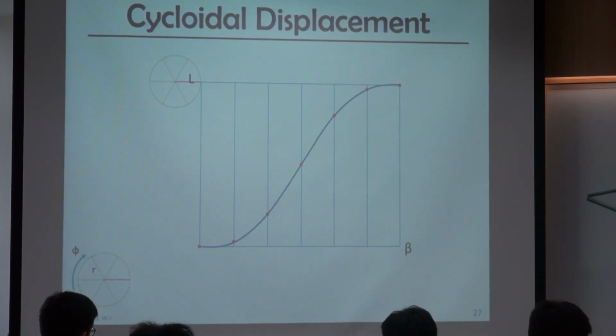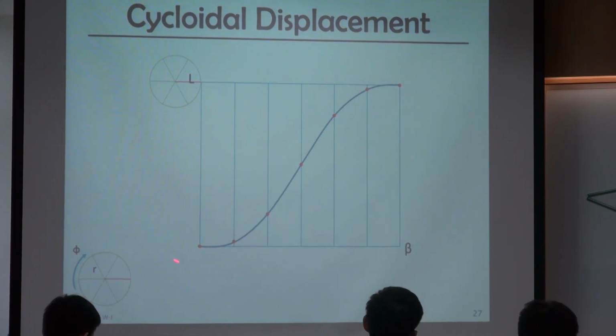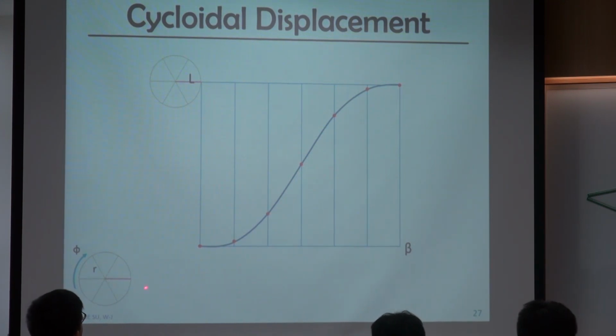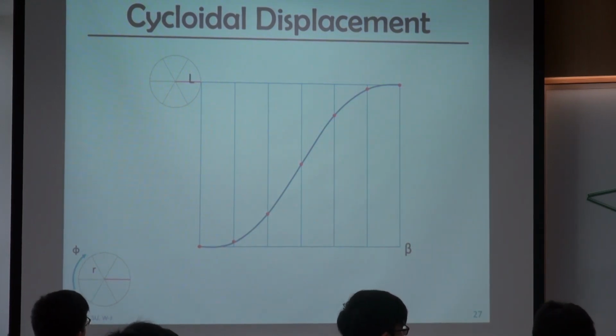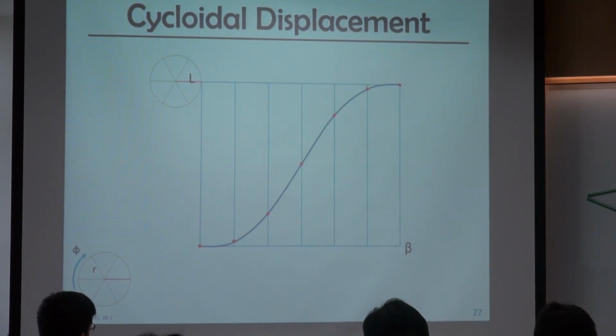So there's a complete cycloidal motion, cycloidal curve. So the cycloidal curve is generated this way. You will need to set a small wheel and project a dot on the wheel to a certain coordinate. So that's how we generate the cycloidal curve.